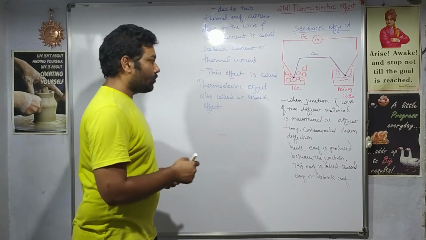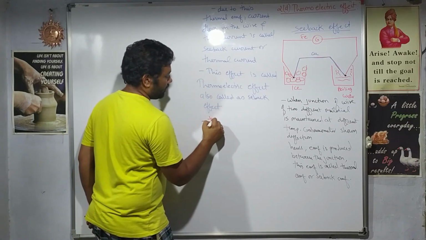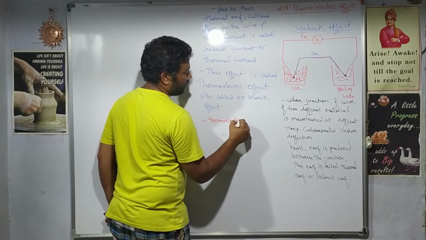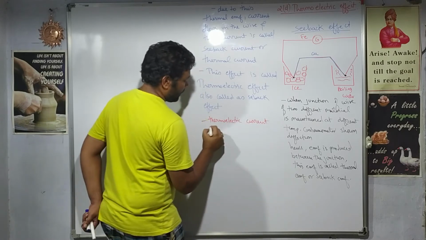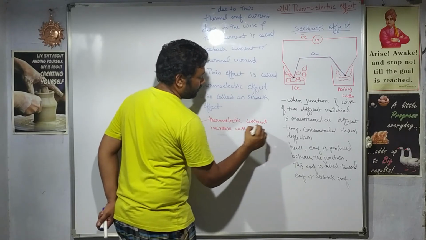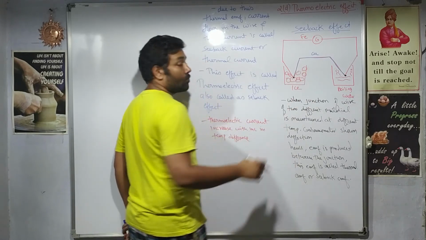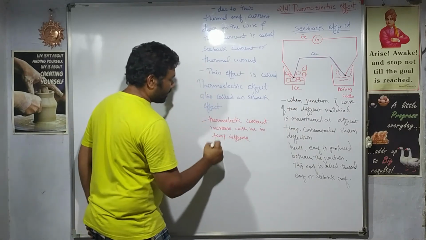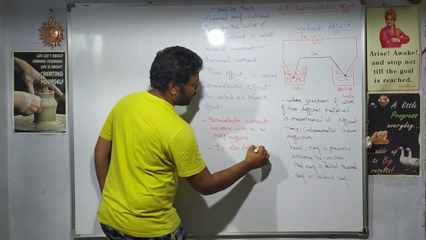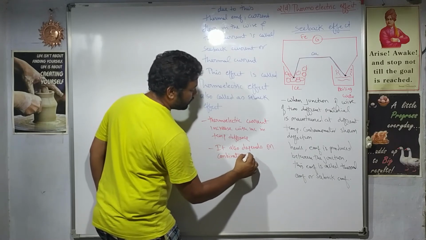Now here are certain more points. Thermoelectric current increases with increase in temperature difference. The more the temperature difference between these two jars, the more the thermoelectric current. It also depends on the combination of two metals.